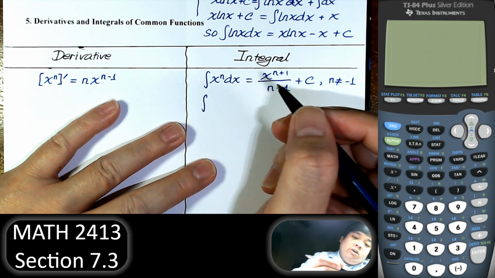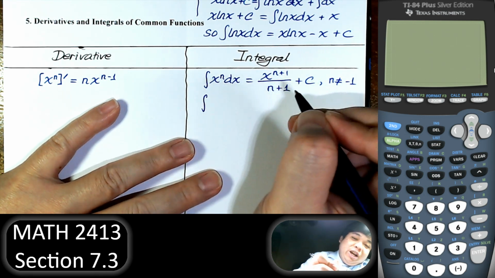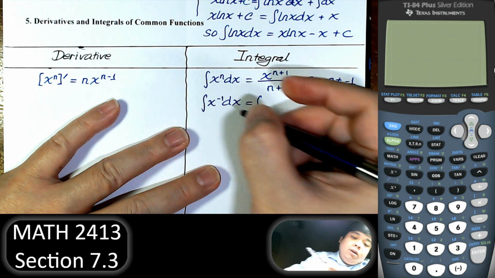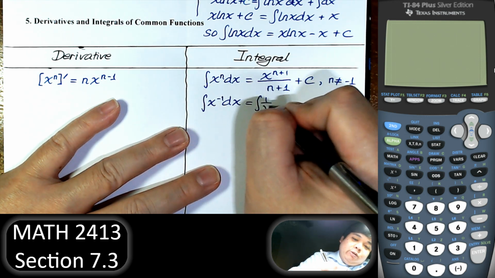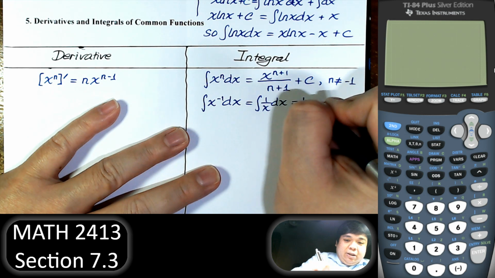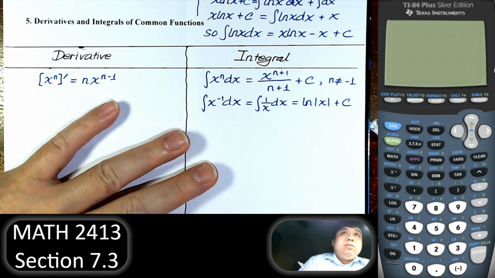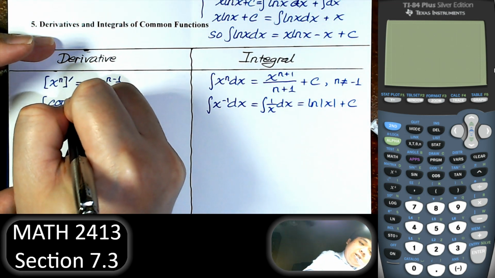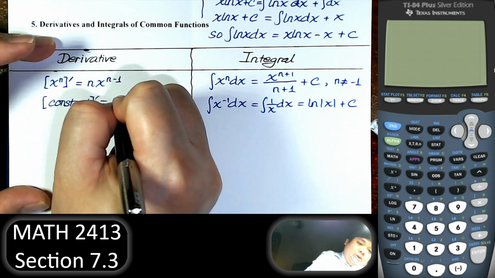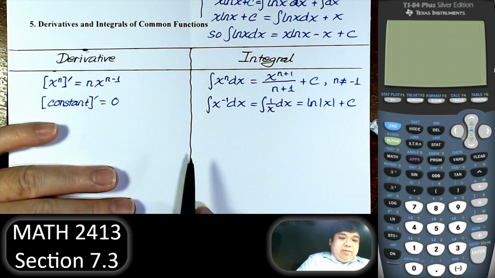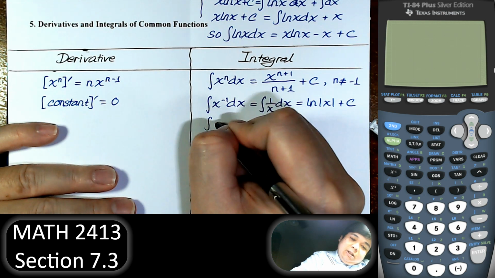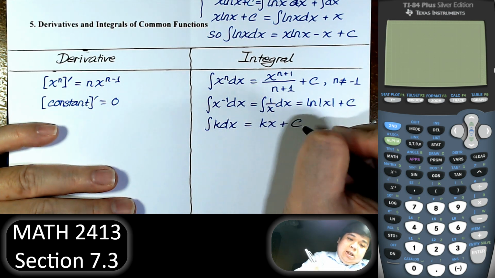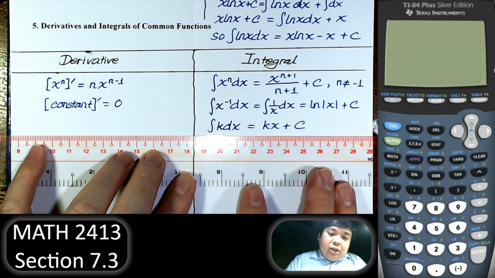When n is equal to negative 1, we have just 1 over x. That is ln of the absolute value of x plus c. And of course, we have the derivative of a constant equal to 0. Okay, of course, the integral of the constant k is kx plus c. Right. So that is the power rule.